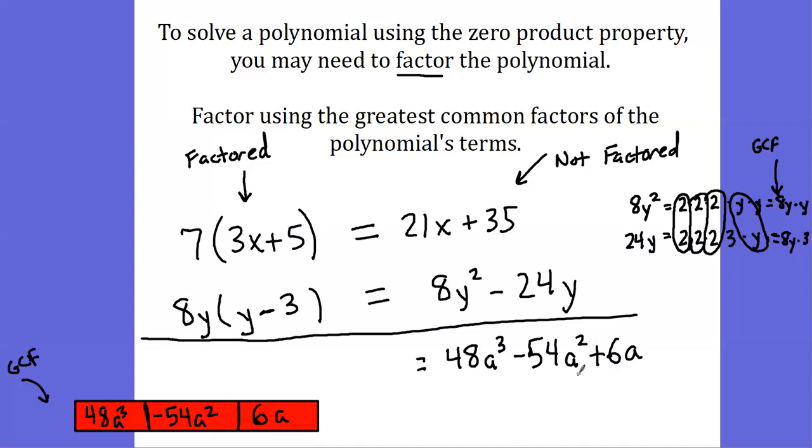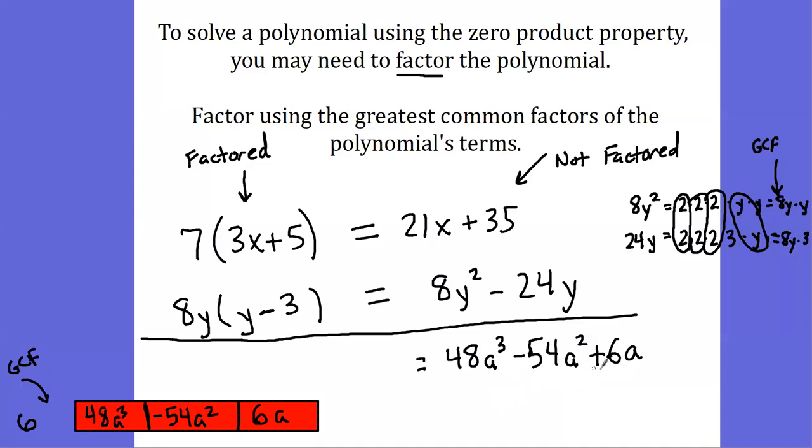So even though 54 has a factor of 9, for example, I'm not going to be able to pull out a 9 because that's not going to evenly divide this 6 right here. So my largest factor with 6 would be 6. Does 6 evenly divide 48? And can I do 54 divided by 6? And the answer is yes. My GCF, in terms of the number part here, is just going to be 6.